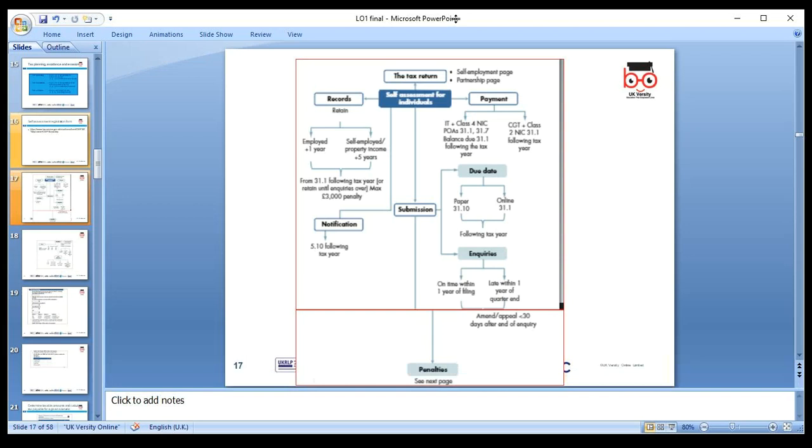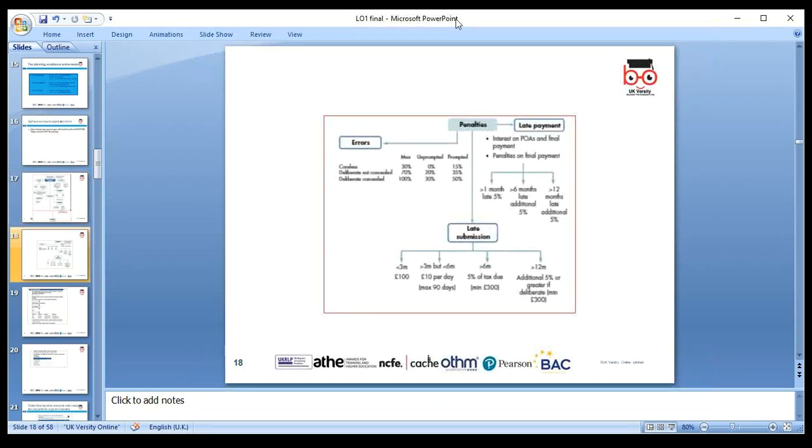After 5 years, how long do we need to keep the records? If you are an accountant, your client records, how long do you need to keep them? 6 years, yes, plus the current year as well.